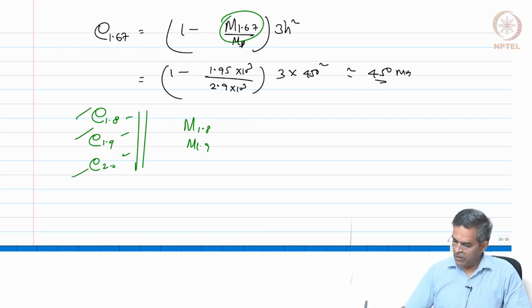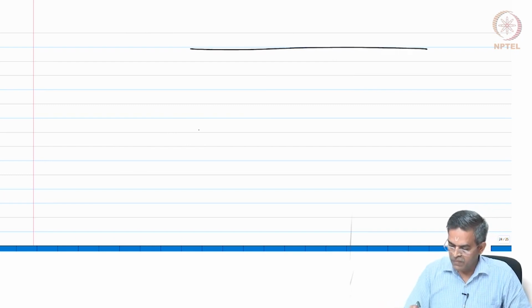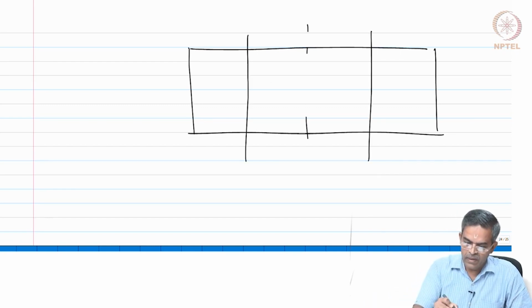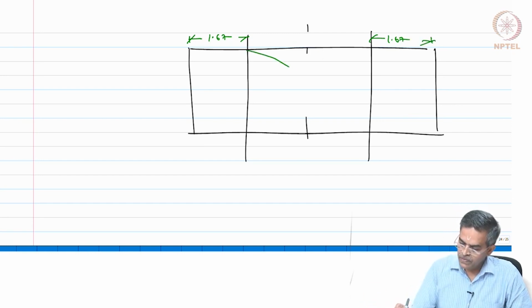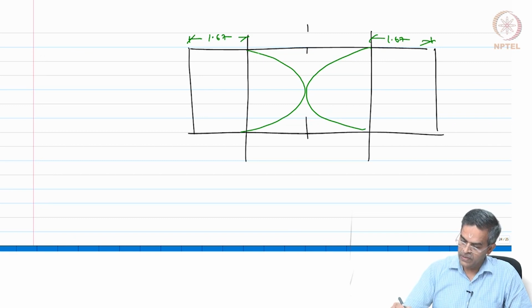So, if I try to plot that, the plot will look like this. If this is my depth of the section, if this is the center and this is 1.67, it is 1.67 from here and it is 1.67 from here, and you see the hinge formation will be like this.